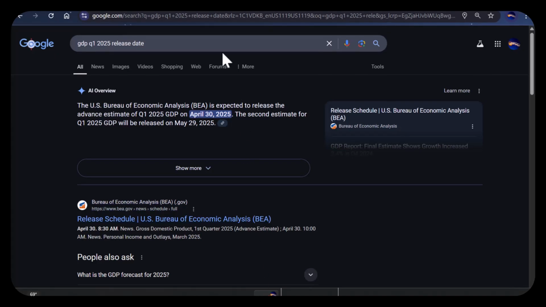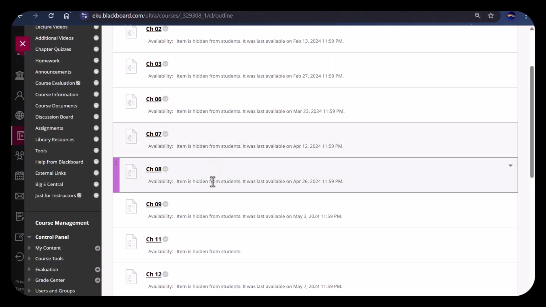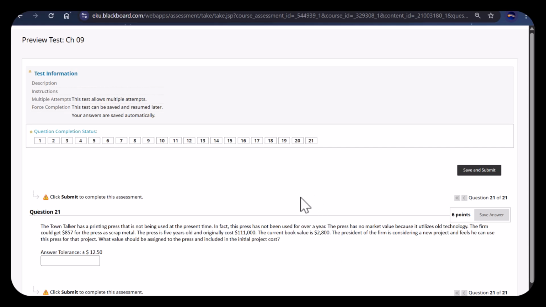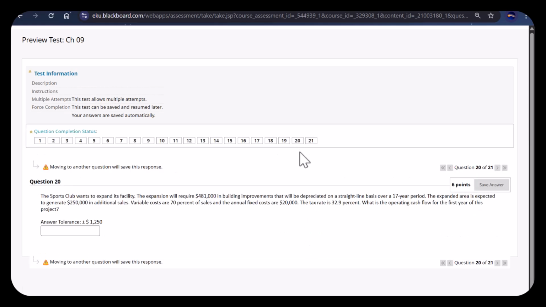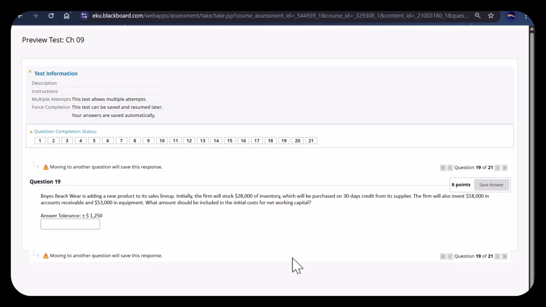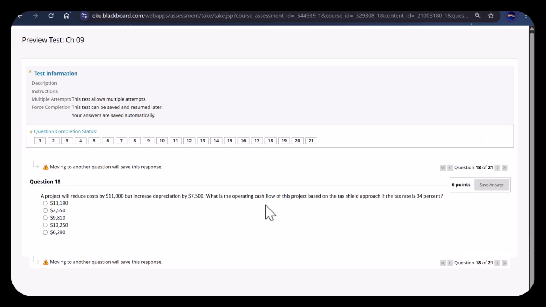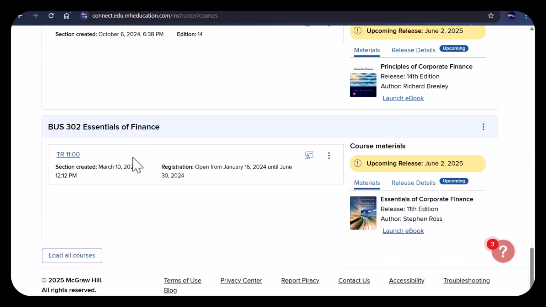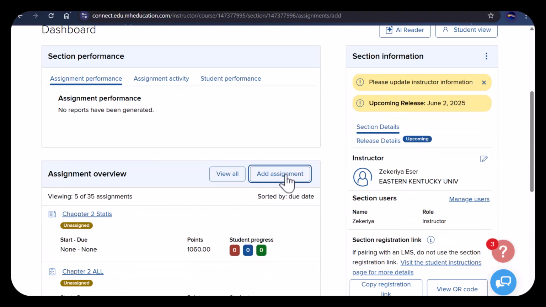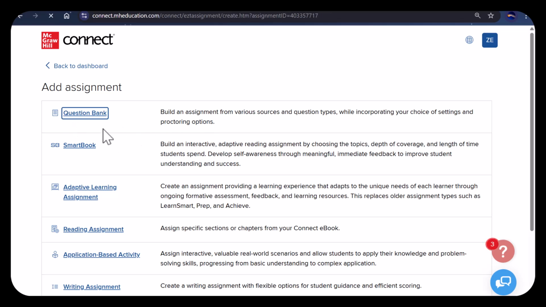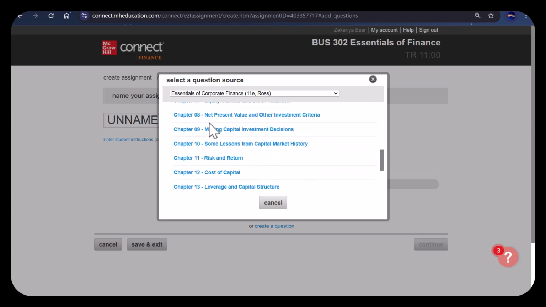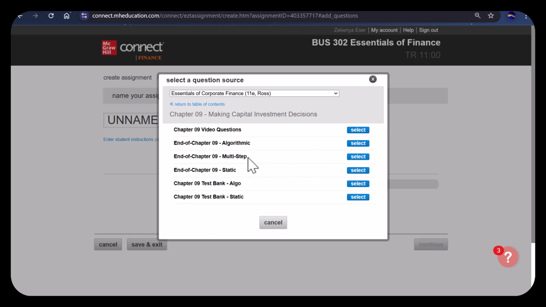So let's do some examples. Let's see. Or let me find some problems to work on.